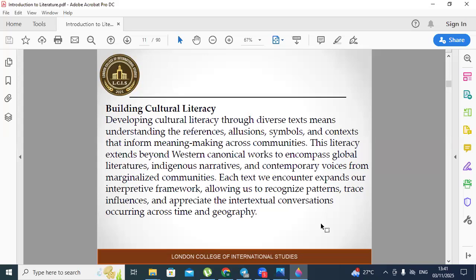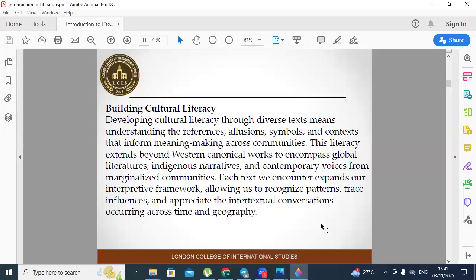When you read more widely, you begin recognizing patterns: similar themes appearing across cultures, archetypal characters recurring in different traditions, narrative structures that appear universal.